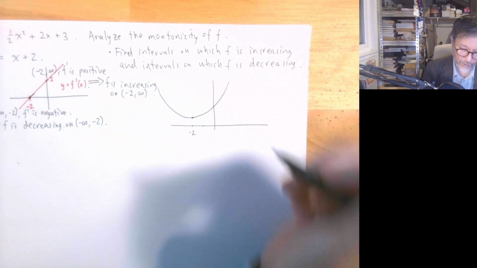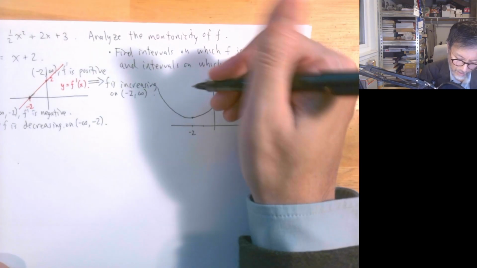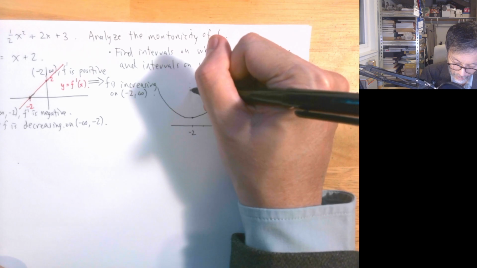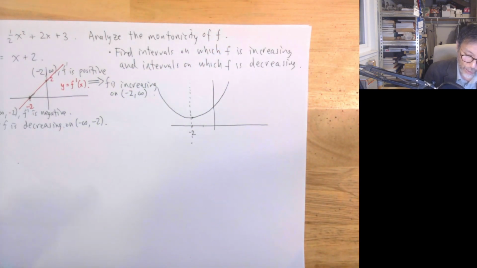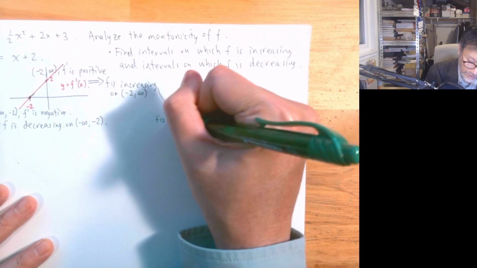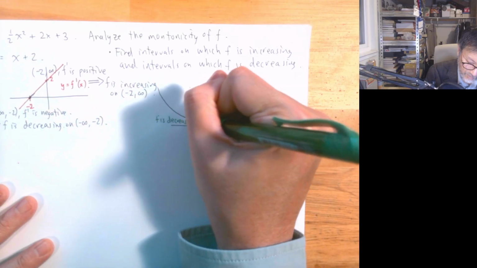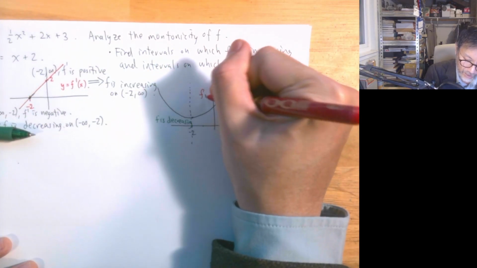And this is -2. And the thing that I want you to observe, and you should Desmos this actually, just to verify, because I'm really winging it here, but I believe that over here, f is decreasing, from -infinity to -2, and over here, f is increasing.